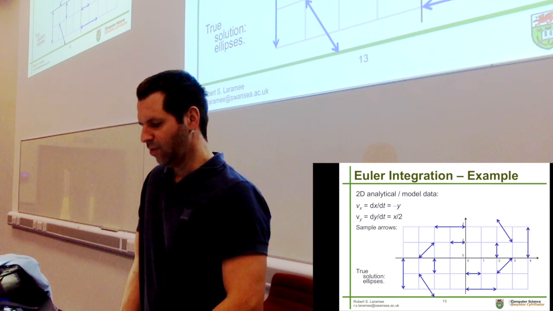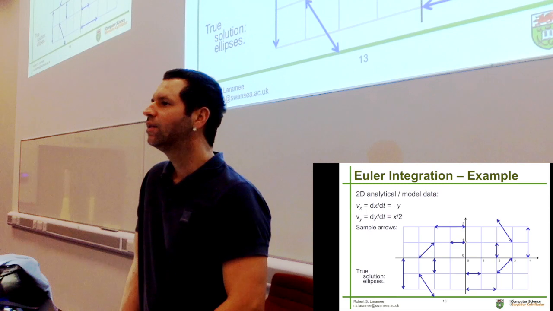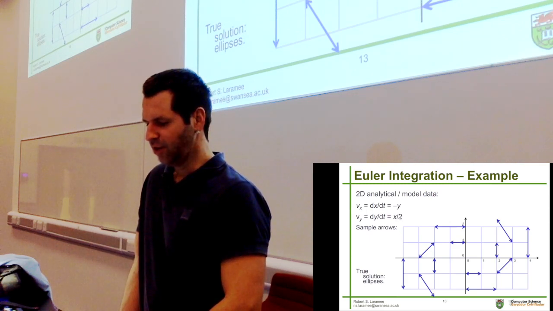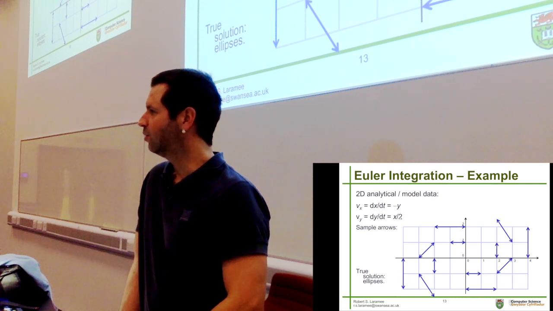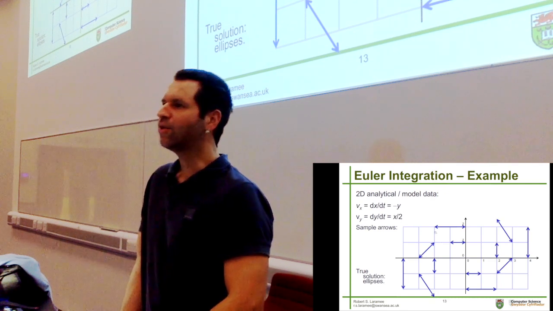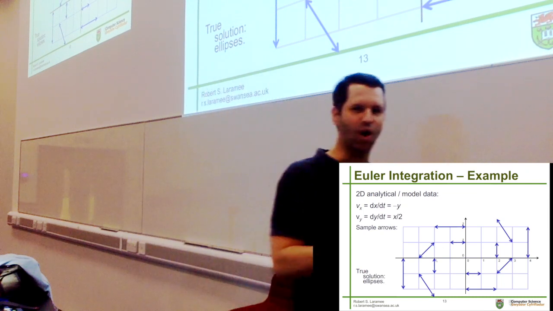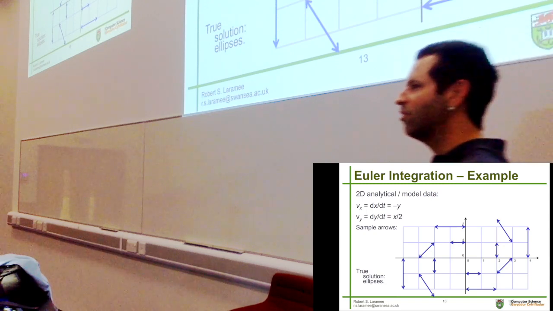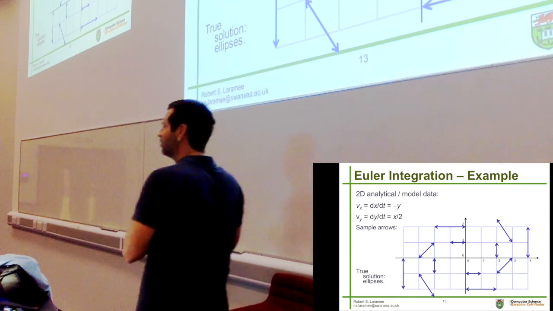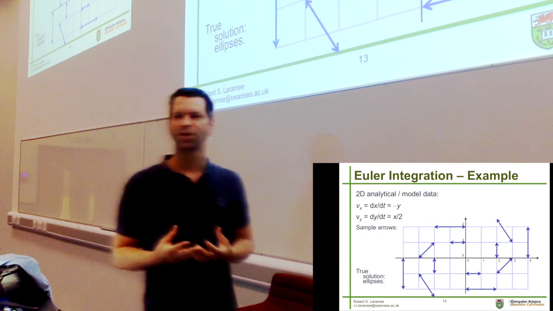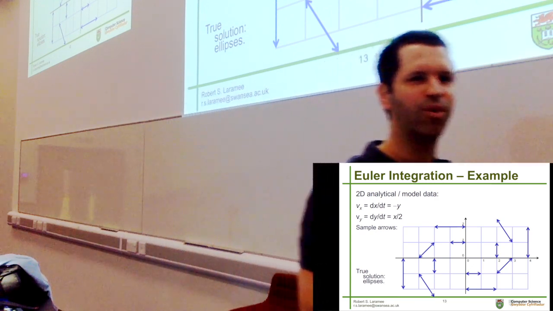What's the x coordinate of this point here? 0, exactly. 0 divided by 2 is 0. So we have -1, 0 as the velocity at that point. So that's pointing in that direction. Everybody see how that works? So you can pick any point and then you can derive the velocity vector at that point.